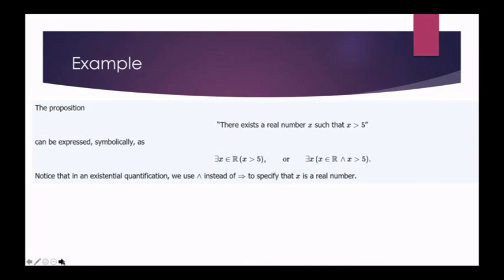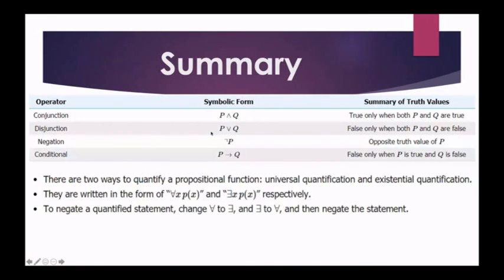Okay, class? Now to summarize, this is the summary of what we did. I think this is the last one. Conjunction is this one, true only when both P and Q are true. Disjunction, meaning the or, false only when both P and Q are false, right? And the negation, also tilde, has the opposite truth value of P. Conditional, false only when P is true and Q is false.